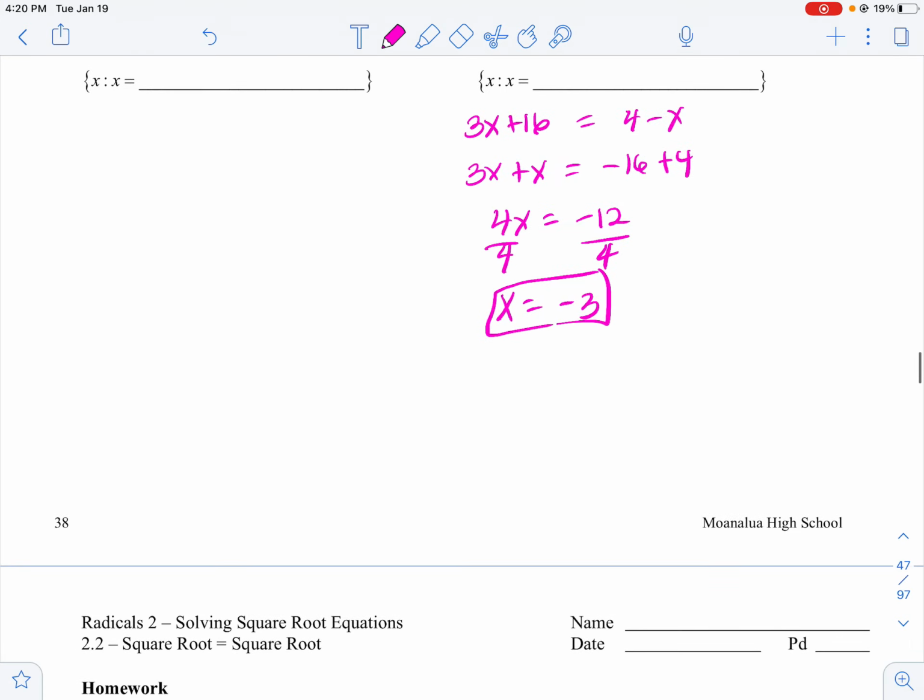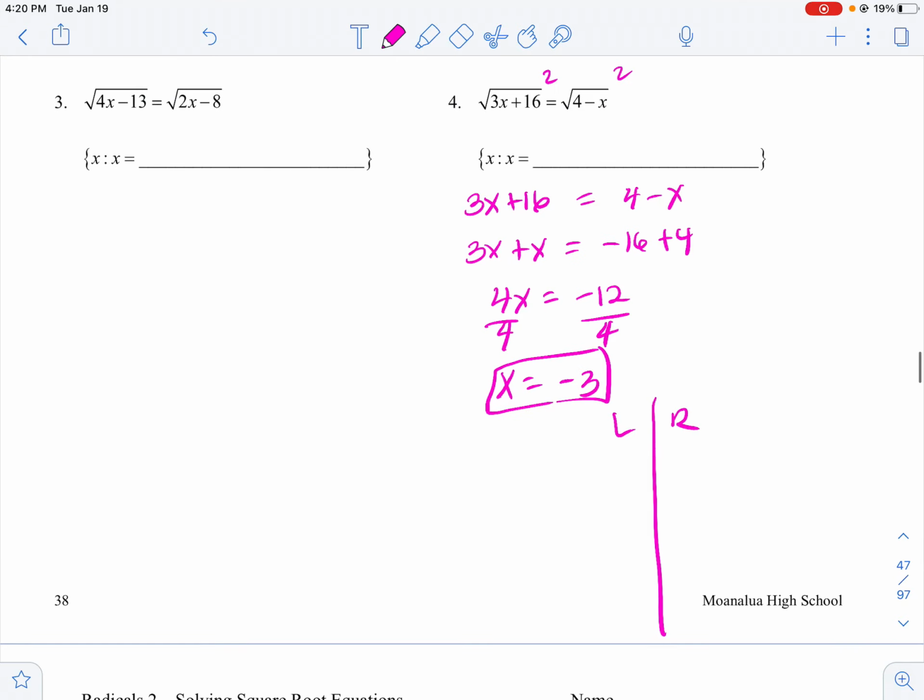Now let's put that in left and right. Okay, wait, hold on, it's not going to fit. So let's put that in the corner.